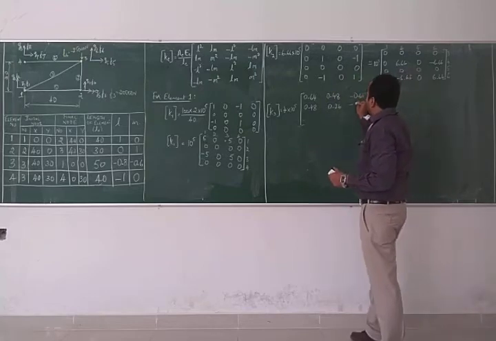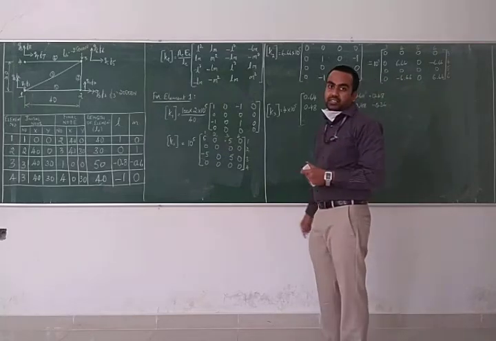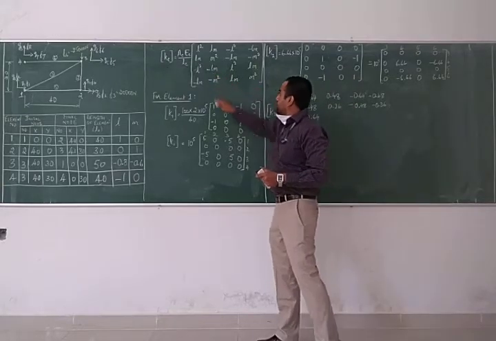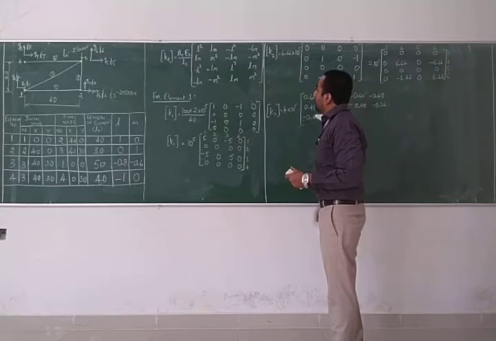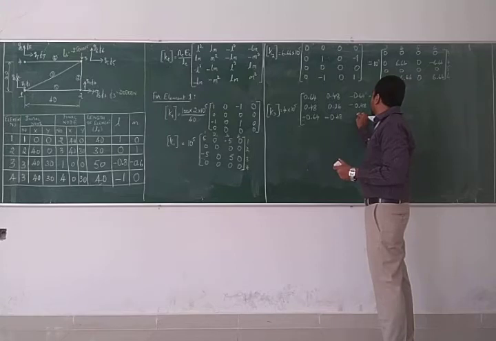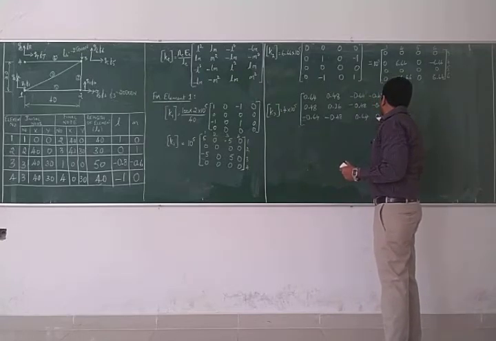Minus lm is minus 0.48, minus m square is minus 0.36, minus l square is minus 0.64, minus lm is minus 0.48, l square is again 0.64, lm is 0.48.